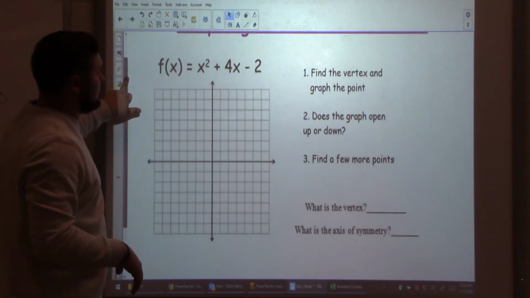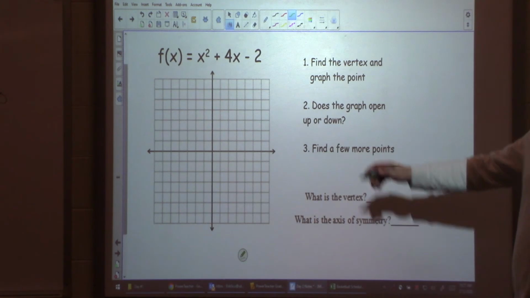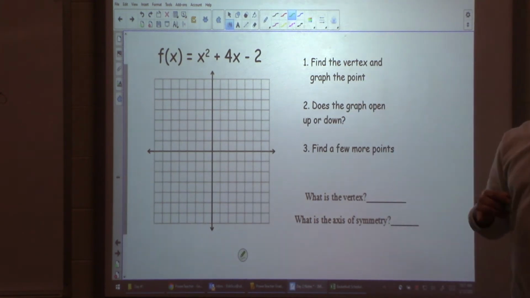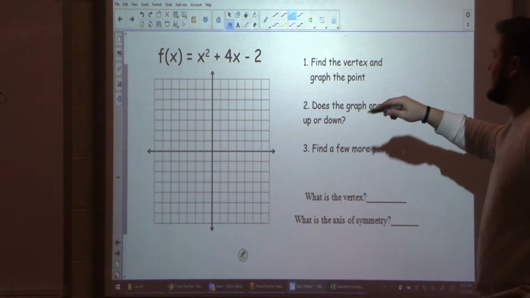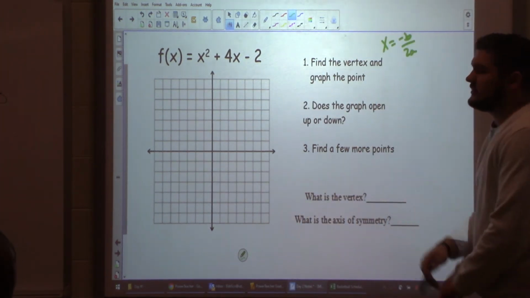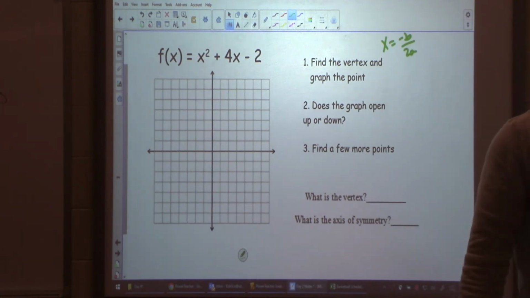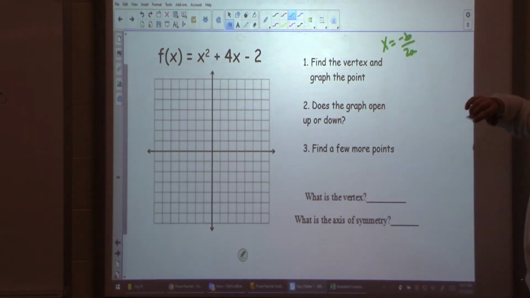So, here we go. Graphing our first equation here, x squared plus 4x minus 2. Find the vertex first. In standard form, we said we start by doing x equals negative b over 2a. That is the first step from standard form. Well, in this equation, what is my b value? 4.